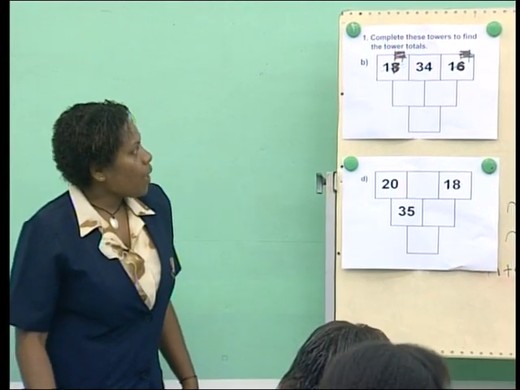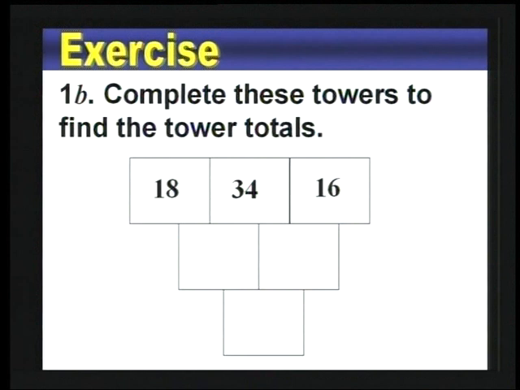Okay, the first one, 1B. What goes in the second tier? The first box here, what goes in here? 18 plus 34 is 52.